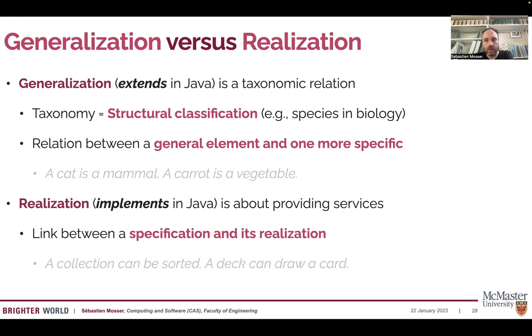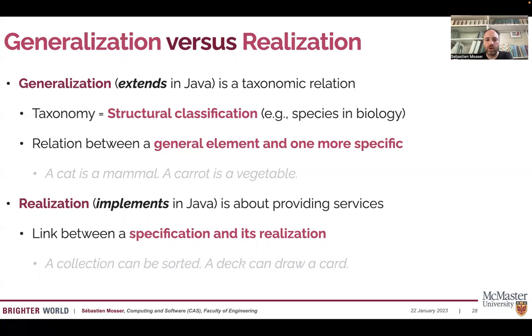But using inheritance and realization, like generalization and realization, the right way, is super complicated. It's way more complicated than you think, and that's what we're going to do together, but later in the course. We'll actually take a couple of weeks before digging into the notion of inheritance. So we're going to do object-oriented programming without that much inheritance, which might sound weird, but it's 100% legit.